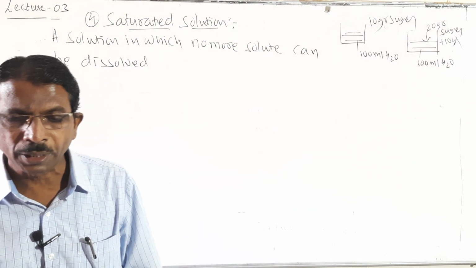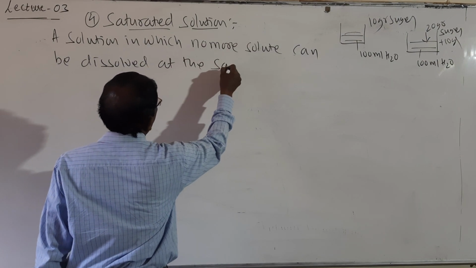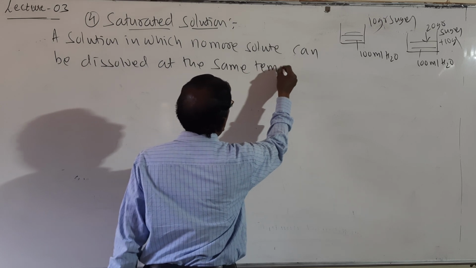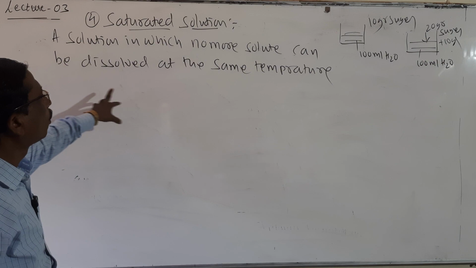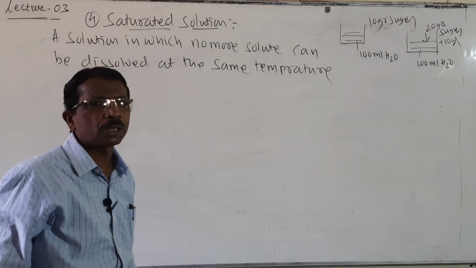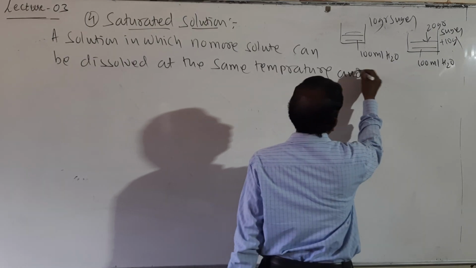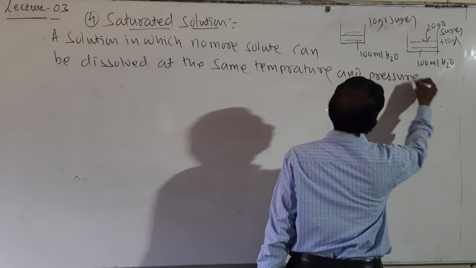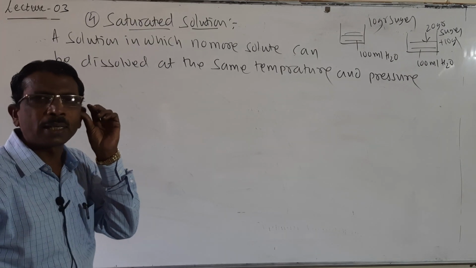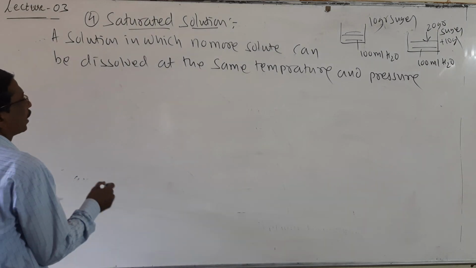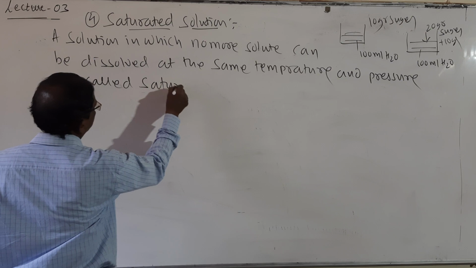The given temperature plays a very important role. A solution in which no more solute can be dissolved at the same temperature is called, or you may also add, the same temperature and pressure. Pressure, of course, does not have any effect. Temperature plays a very important role in case of solid and liquid. So a solution in which no more solute can be dissolved at the same temperature and pressure is called a saturated solution.